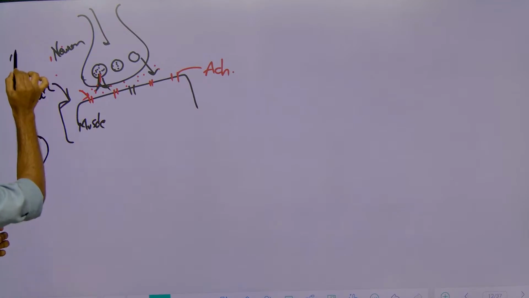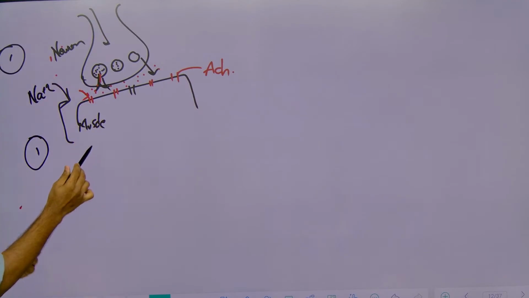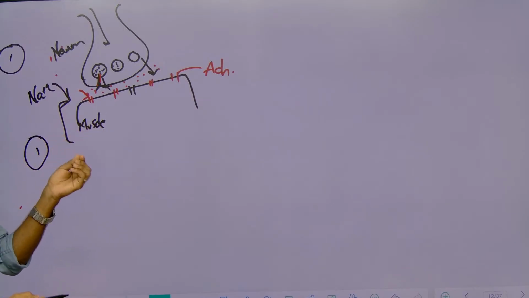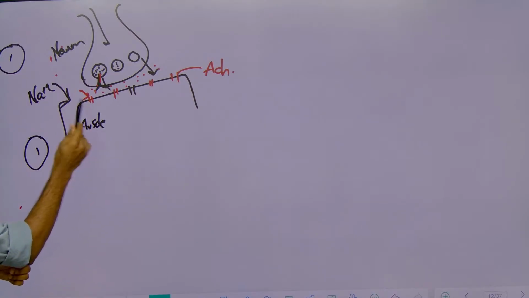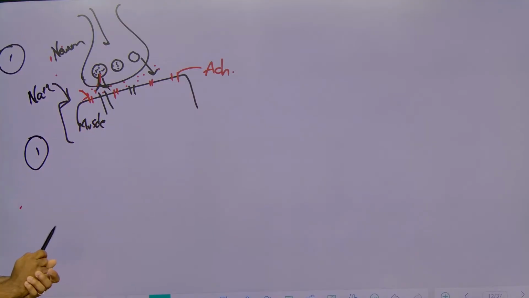So the first thing is the impulse has to come and reach the muscle. Then the sodium channels open because of the neurotransmitter. Whenever the neurotransmitters attach to the receptors, the sodium channels open and the sodium enters the cytoplasm of the muscle.